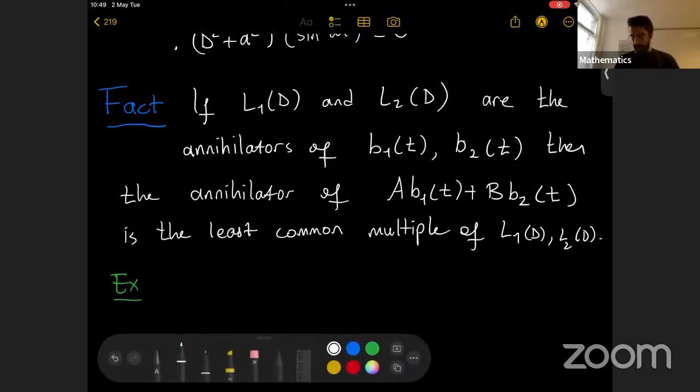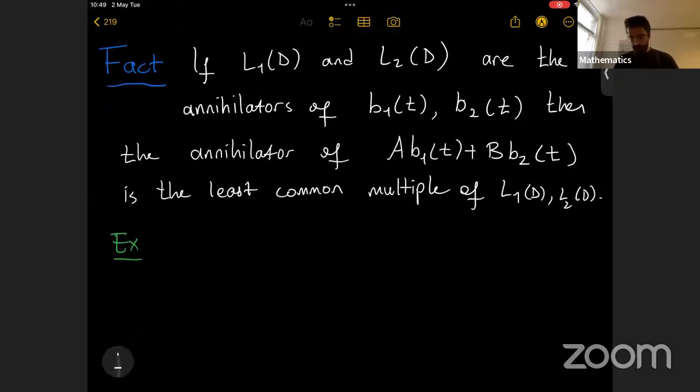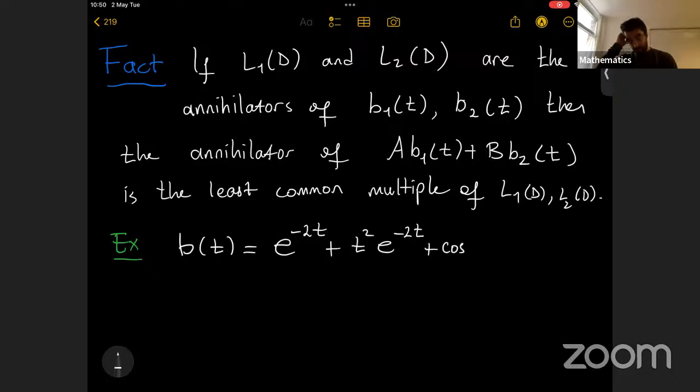So let us look at the annihilator of this function b(t), which is e^(-2t) plus t squared e^(-2t) plus cosine root 3t plus t. Okay, so what is the annihilator of this function?